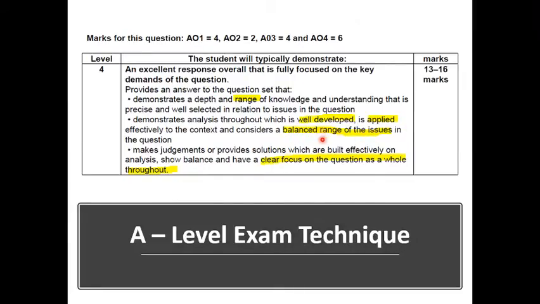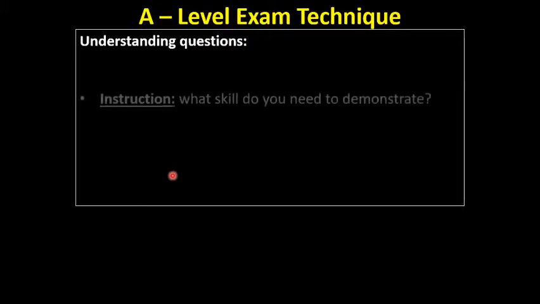In other words, both sides of the argument, if that's appropriate. And it makes judgments, provides solutions which show balance and have a clear focus on the question as a whole throughout the answer. So that's what AQA are looking for in an answer that's going to achieve top marks on one of these evaluation type questions.